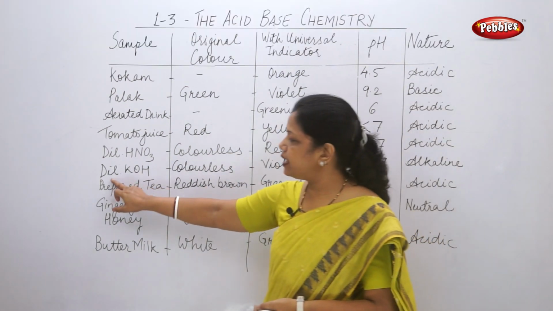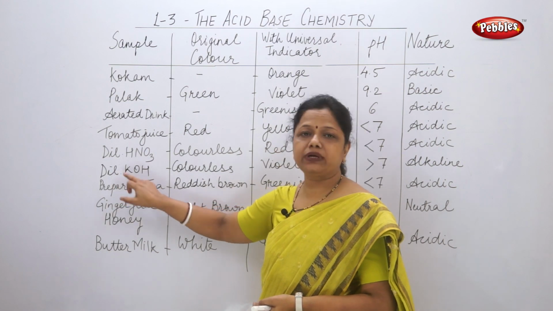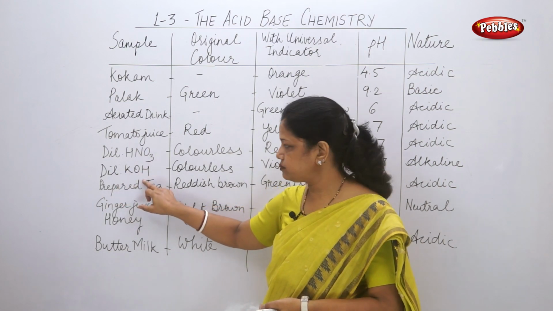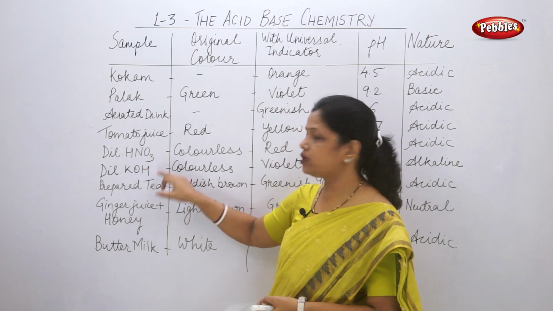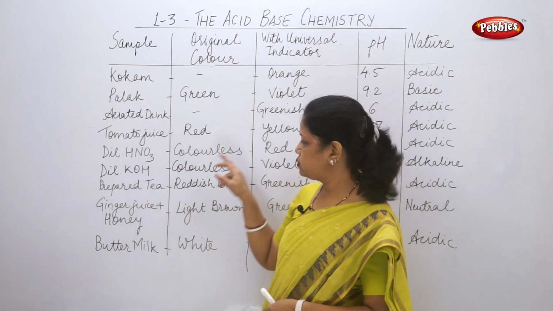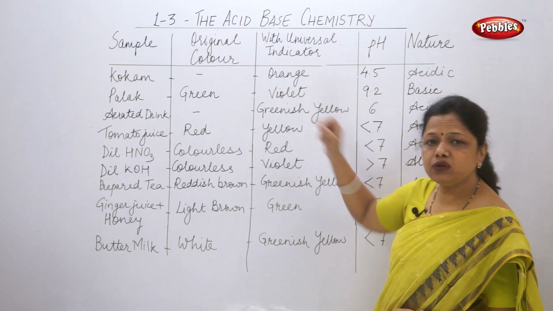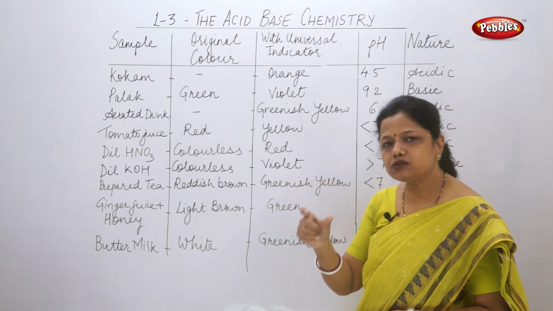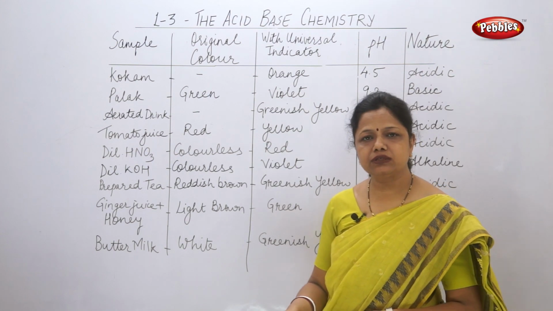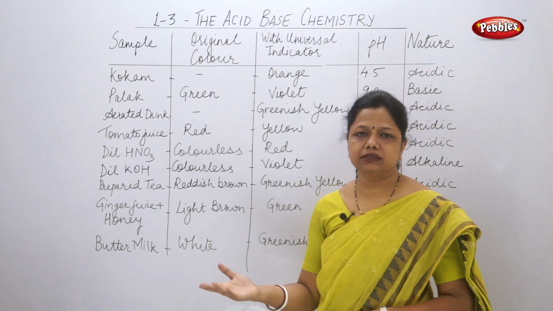Next sample is dilute KOH or dilute potassium hydroxide. Dilute potassium hydroxide doesn't have its own color. So I can say original color is colorless. Now with the universal indicator, I take a strip and I dip it in KOH, it will turn violet in color.